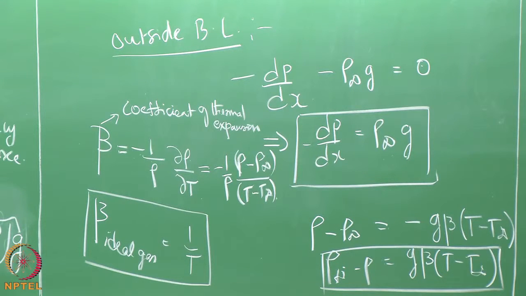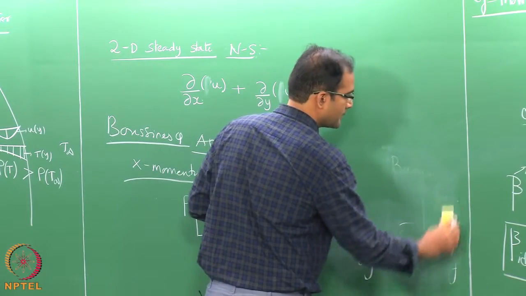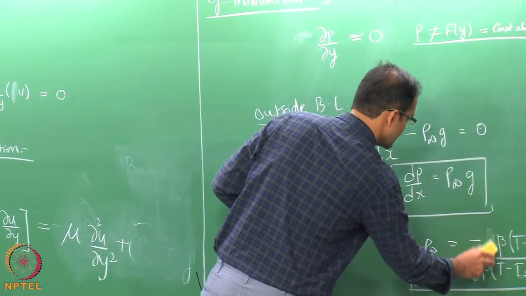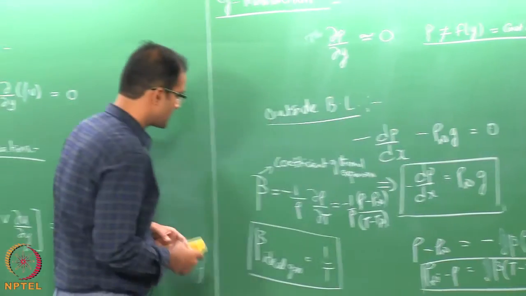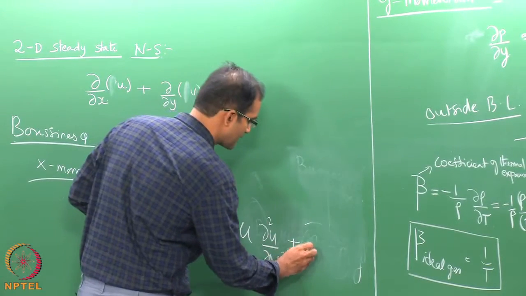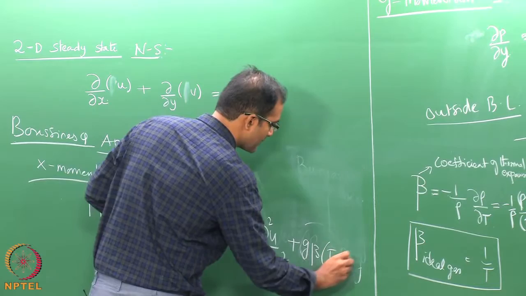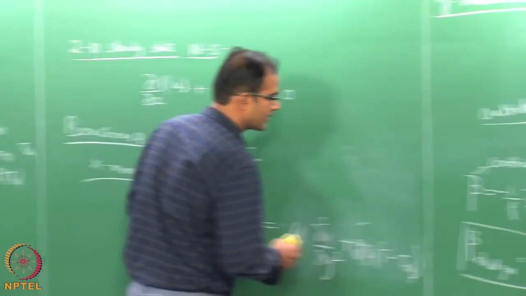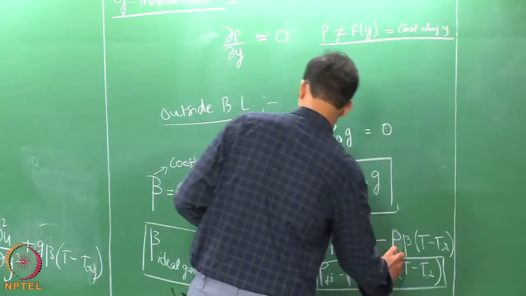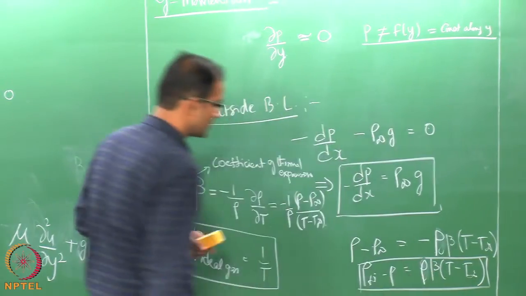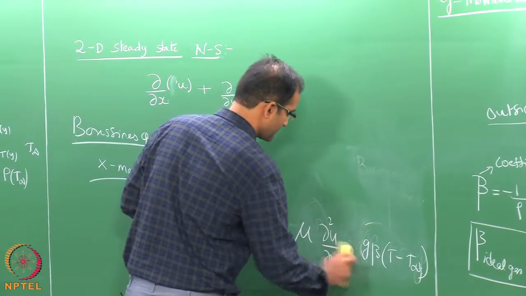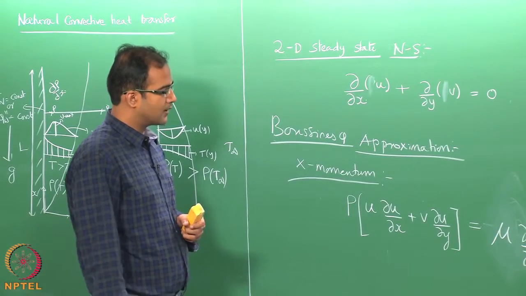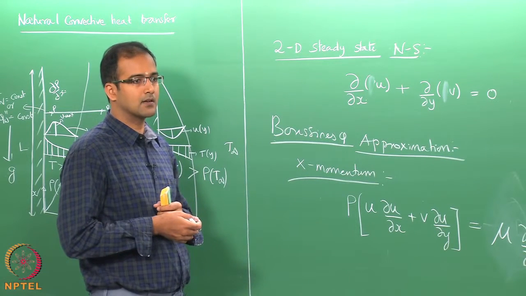So, you can therefore substitute for rho infinity minus rho from there. Once you substitute into this, you have g, so you have therefore g beta into T minus T infinity. Also there is a rho here, right. Yeah, you have rho here, rho g beta into T minus T infinity, right. So, therefore, now your buoyancy force is written as a function of temperature difference.